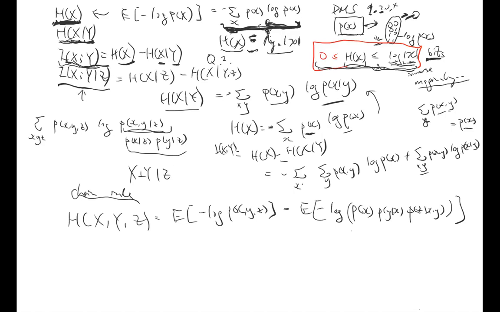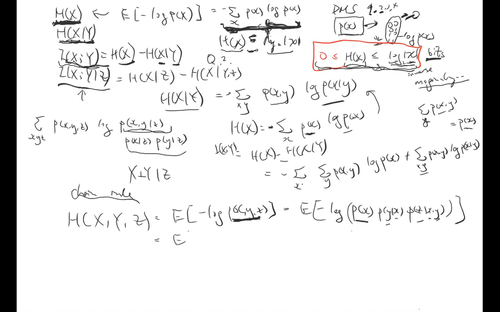If you have a joint distribution x, y, z, I can always say, okay, I want to know what's the probability of x. Now, given x, what is the probability of y? Now, given x and y, what's the probability of z? So I multiply all of them together, and I have the joint probability p(x,y,z).